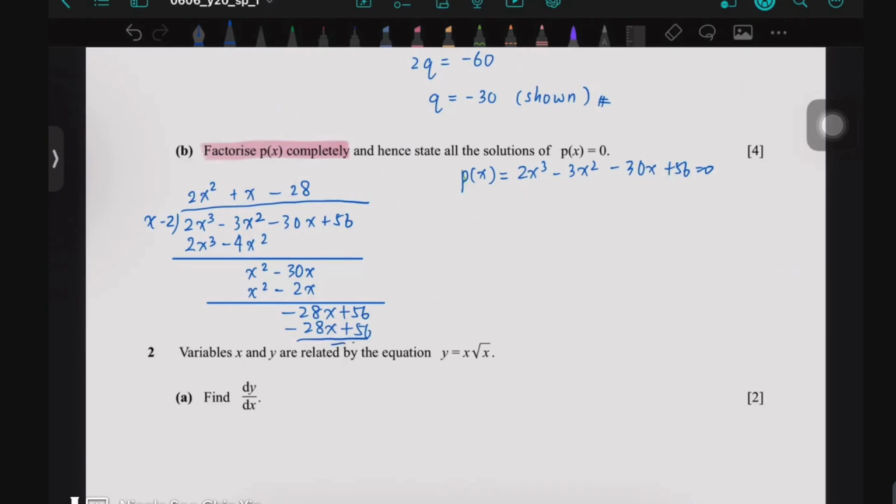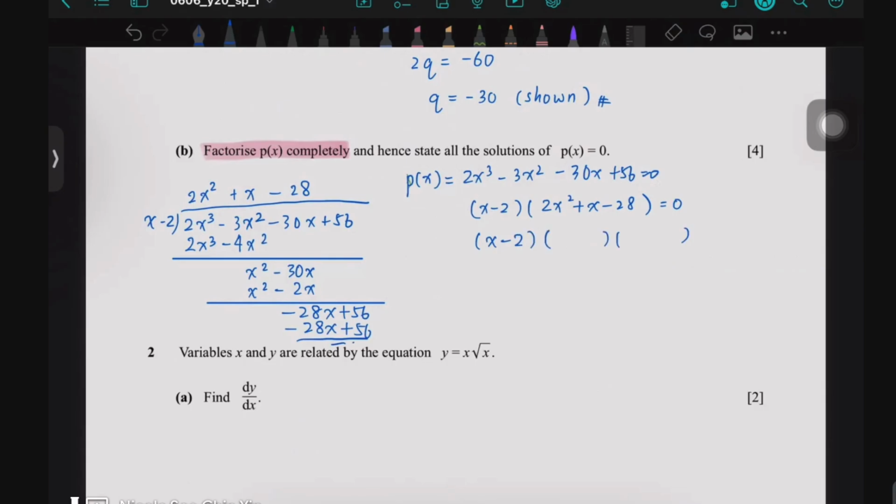So basically my factor, after using long division, I will get x minus 2 bracket 2x squared plus x minus 28. So factorize further, equals 0.